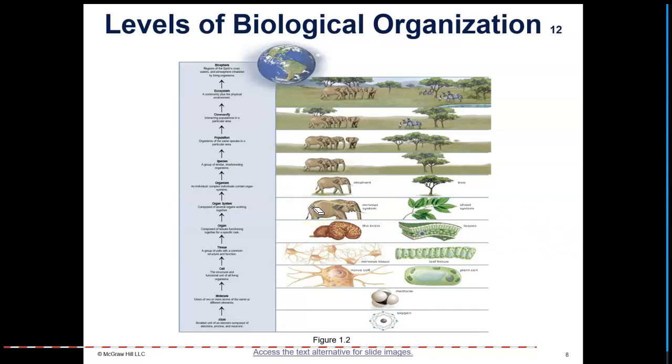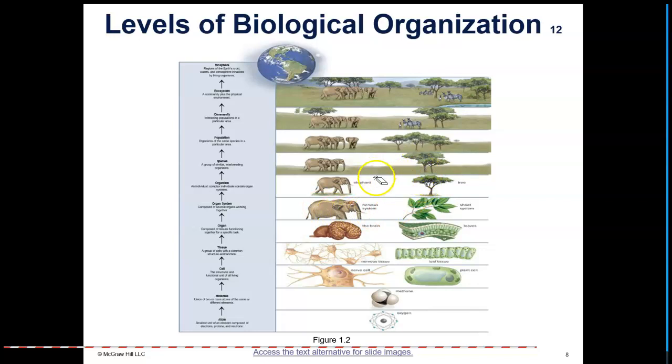The species would be all the members of that particular organism, all the members that are the same exact type as that particular organism. And we know they're the same species because they can interbreed. In other words, they can produce offspring, and their offspring can produce offspring.